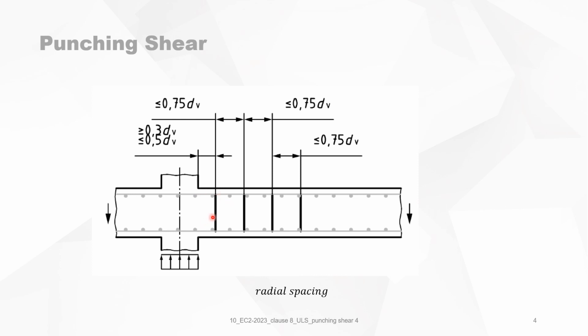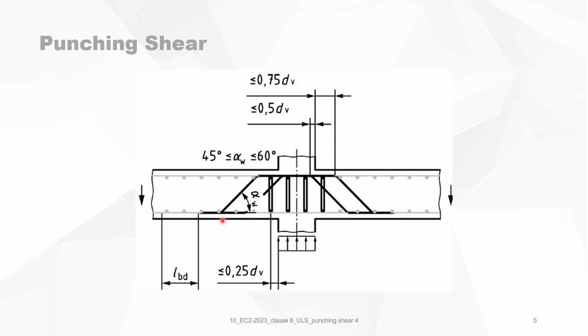The distance between two consecutive shear reinforcement perimeters must be smaller than 0.75 dV. For bent up bars, the angle must be between 45 and 60 degrees, and the first bar could be like it is indicated here on the drawing.